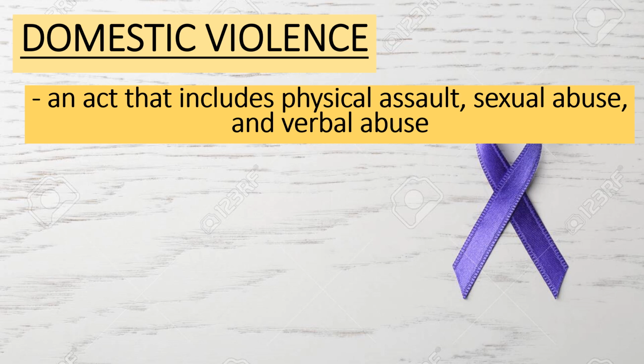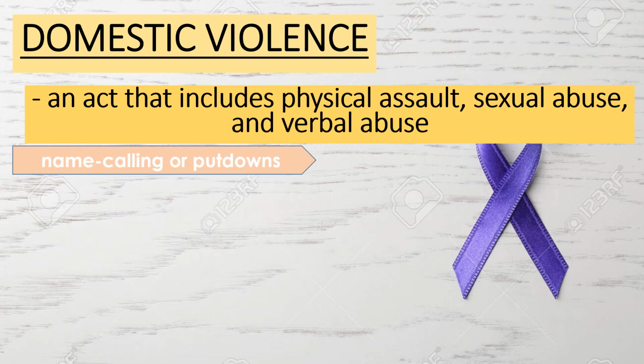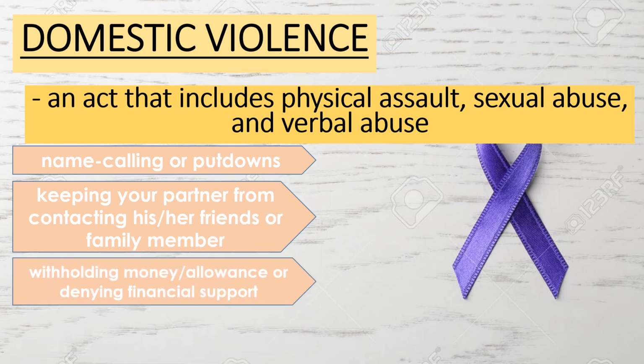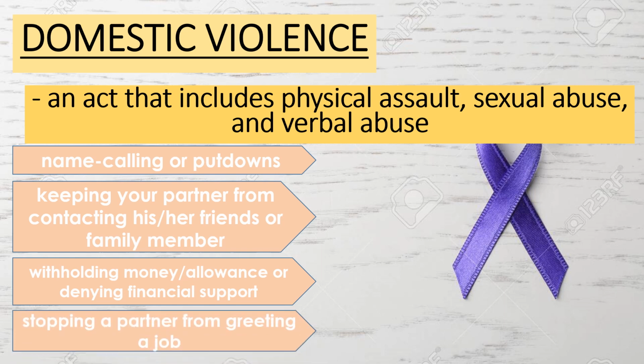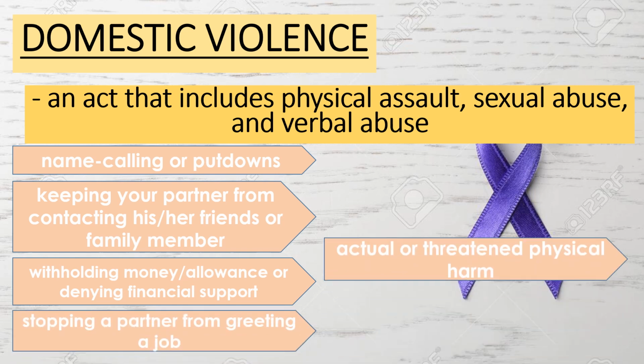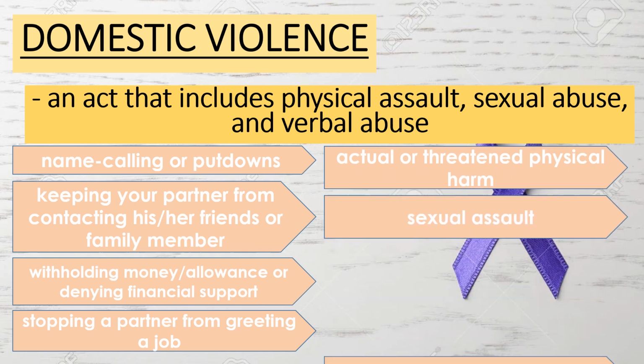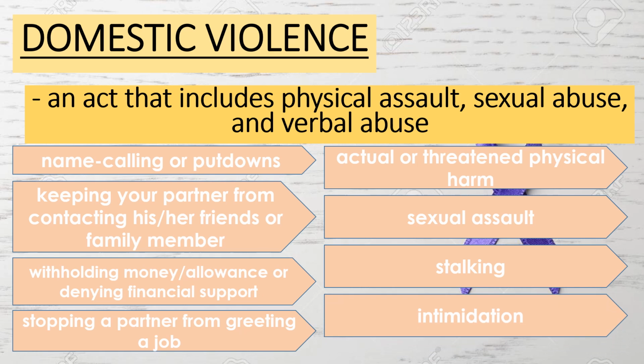So how can we know if we experience domestic violence? This includes name calling or put downs, keeping a partner from contacting his or her friends or family members, withholding money or allowance or denying financial support, stopping a partner from getting a job, actual or threatened physical harm, sexual assault, stalking, and intimidation.